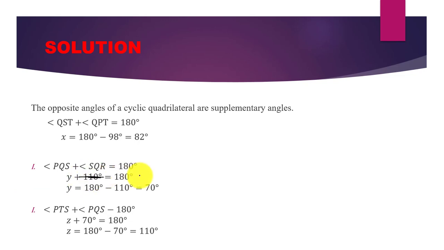We have y plus 100 equal to 180 degrees. I hope you can see the handwriting, yes. So y plus 100 degrees is equal to 180 degrees.